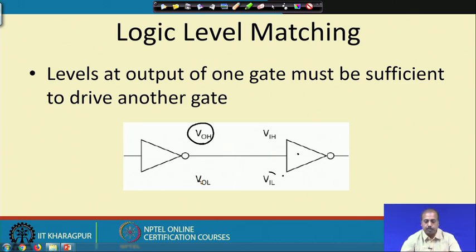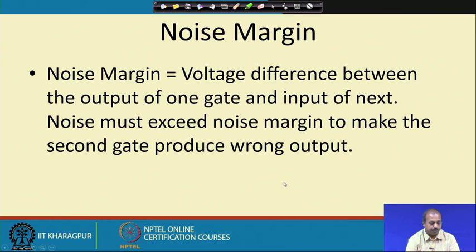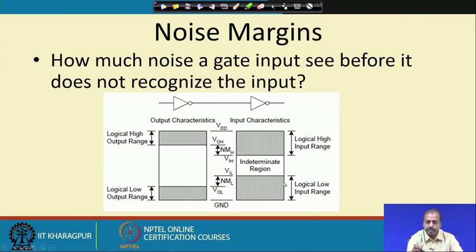This is explained in the diagram here. For the second gate, it takes from ground to this voltage level as the logic low input range. That is the VIL.